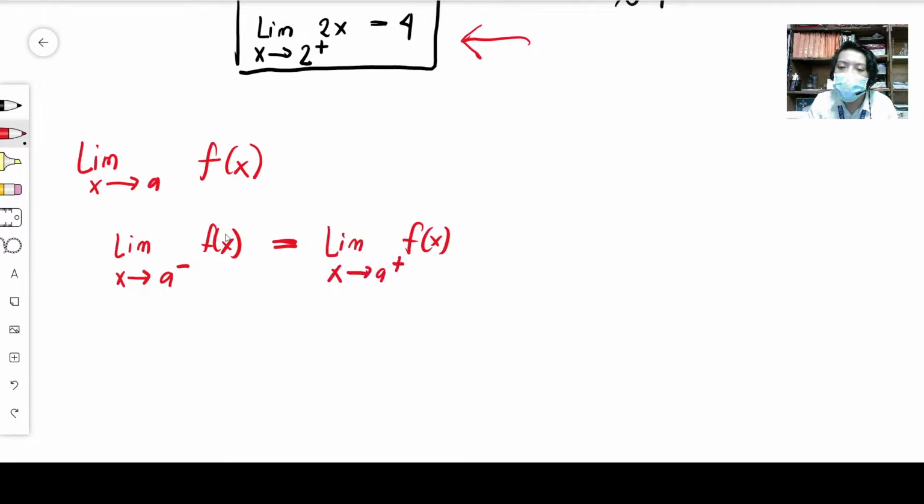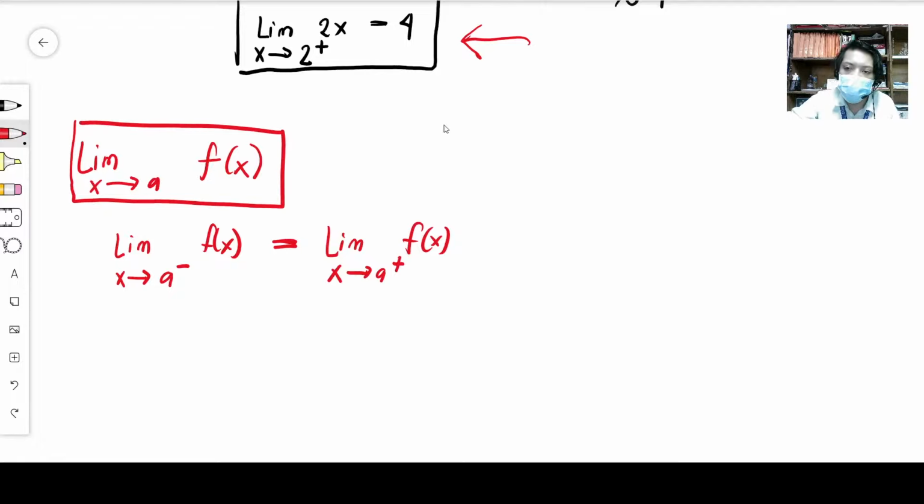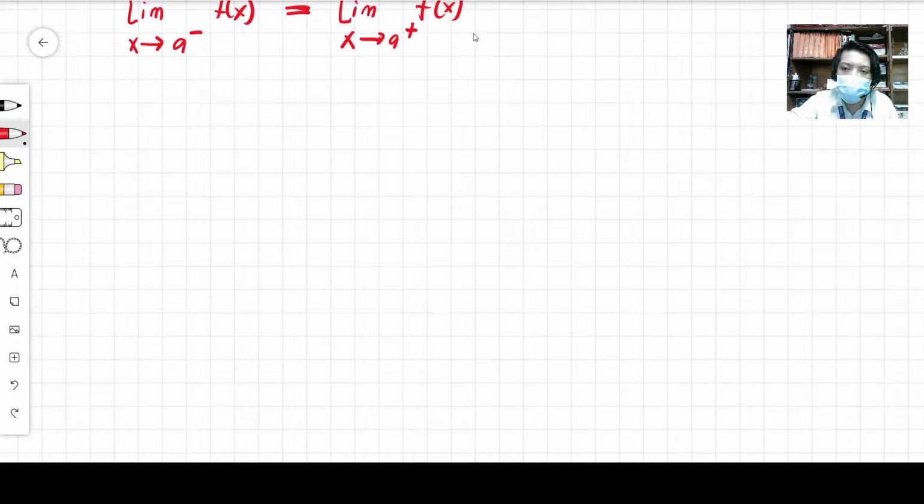If they have the same value, then the limit exists.